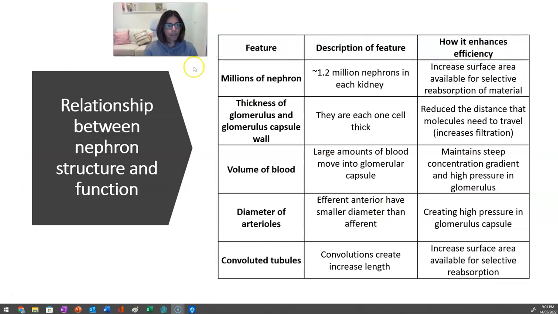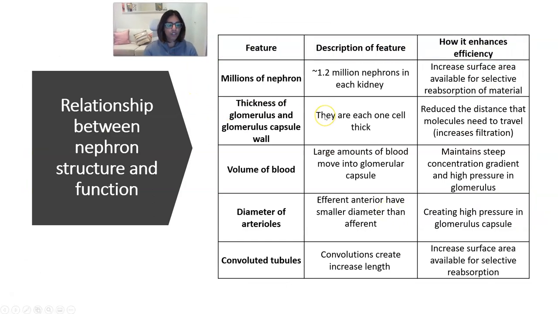Now this table is a summary to show you the relationship between the structure and the function of the kidney nephron. I'm presenting this information as a table to you because it's a really good summary that you can use in an extended response question. So please take the time to pause the video and read through each of these points carefully and make sure that you understand how they work.